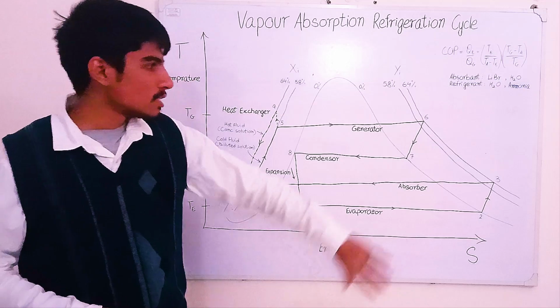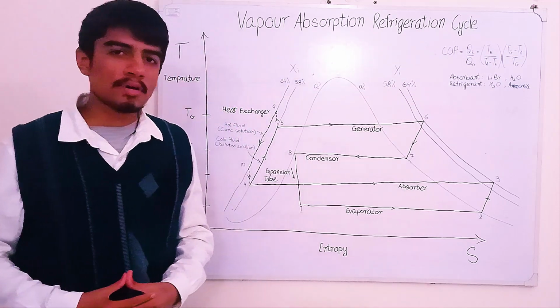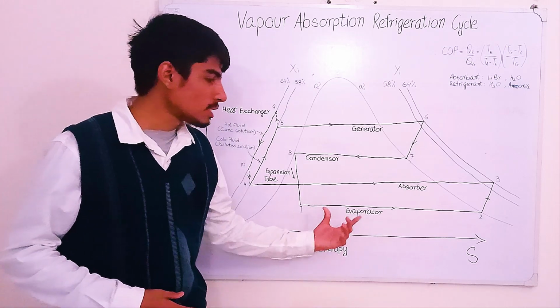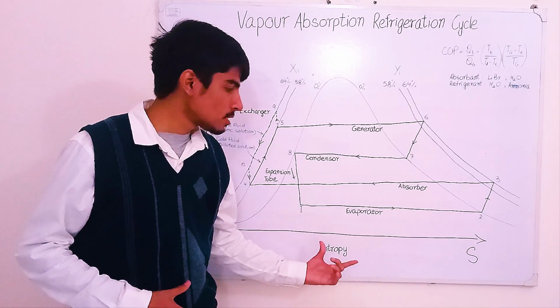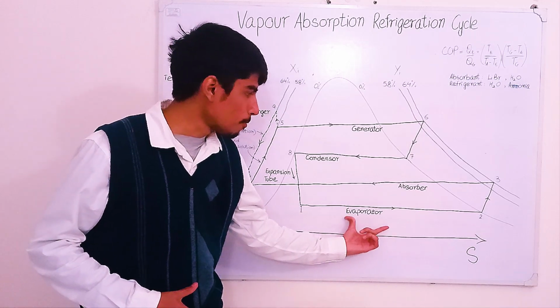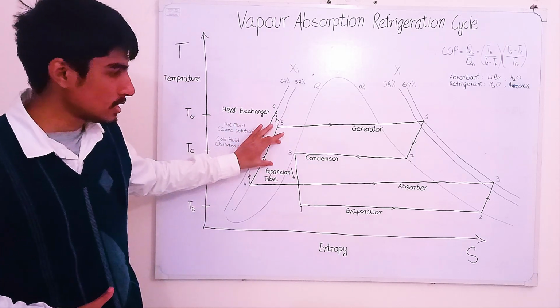Now if I summarize this whole refrigeration cycle, I observe that whenever the refrigerant is absorbing heat, its entropy is increasing, as you can see in the case of the evaporator, generator and cold fluid of the heat exchanger.